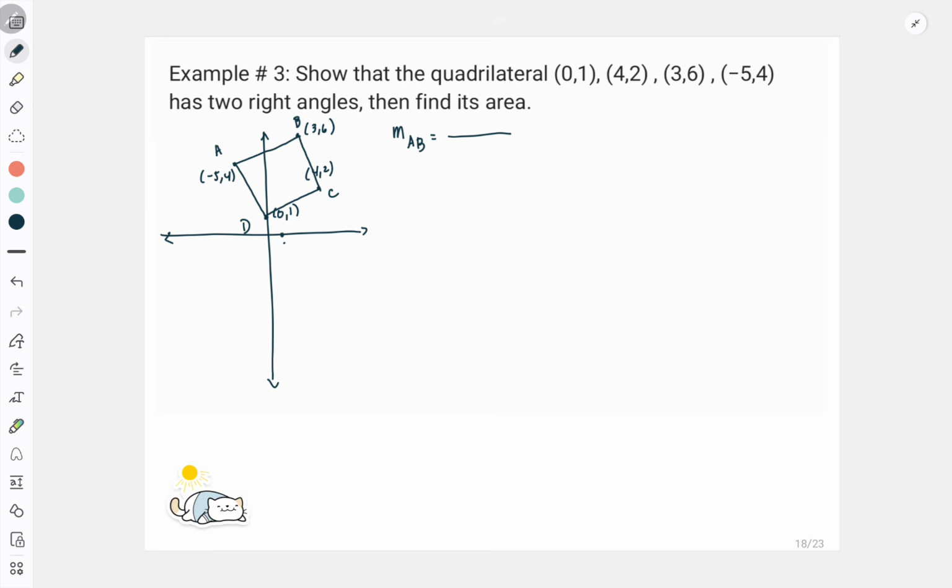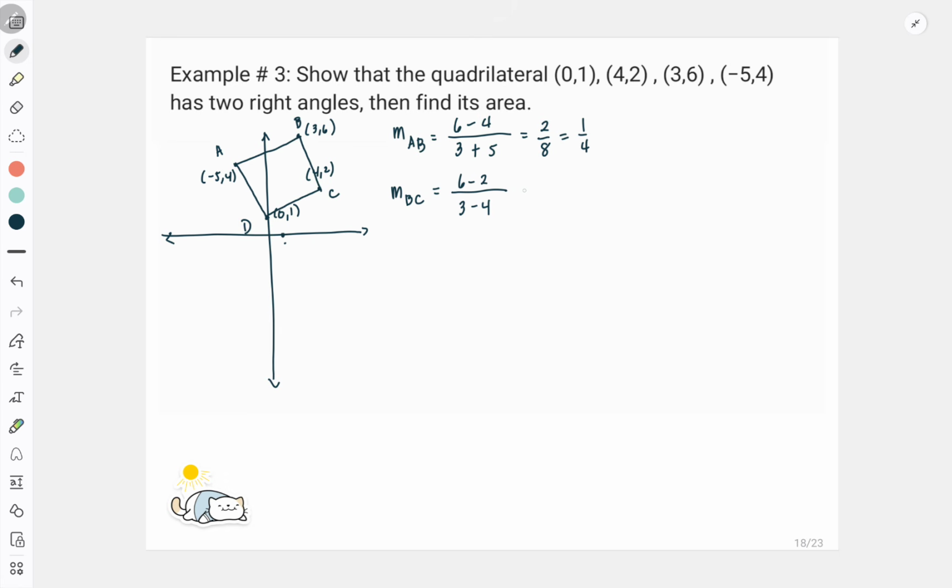Okay, so that would be 6 minus 4, and then 3 plus 5. So that's equal to 2 over 8 or 1/4. Slope of line segment BC, that's 6 minus 2 over 3 minus 4, or that is equal to 4 over negative 1, or negative 4. Slope of CD, that's 2 minus 1 over 4 minus 0.